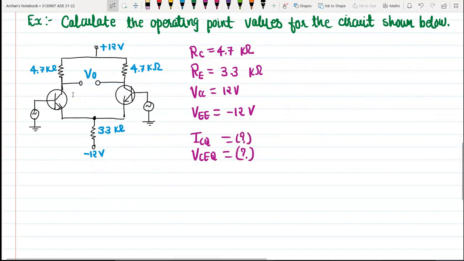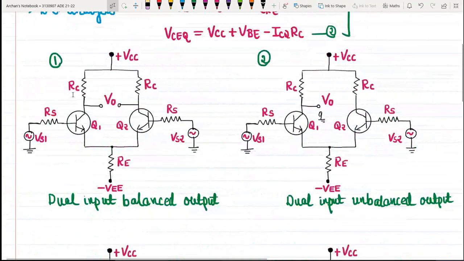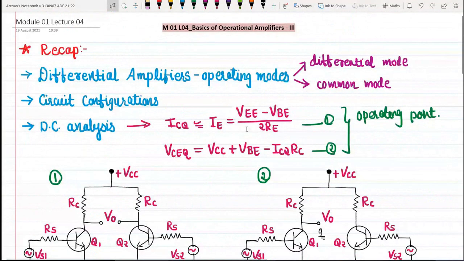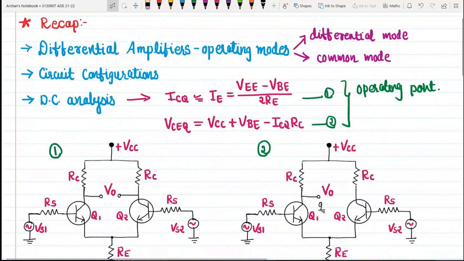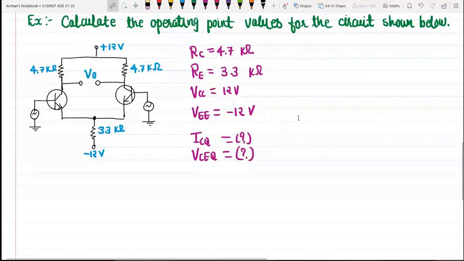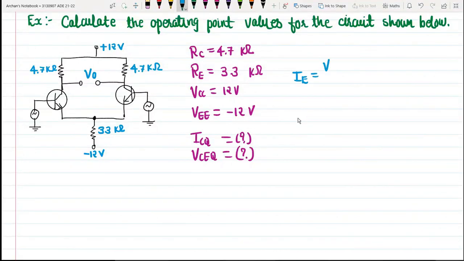Okay, so now we are available with the equation of IE. You can see IE is given by VEE minus VBE divided by 2RE. So we will use the same equation. IE is equal to VEE minus VBE divided by 2 times RE. Now here you need to take care while selecting the value of VEE.